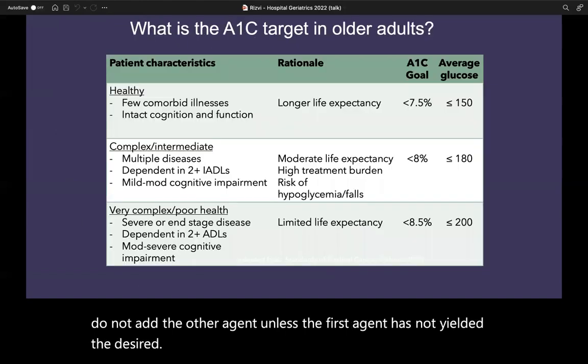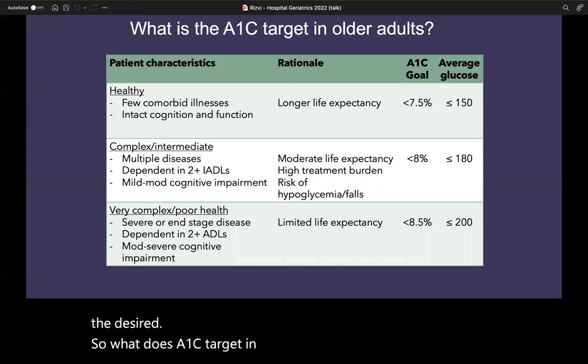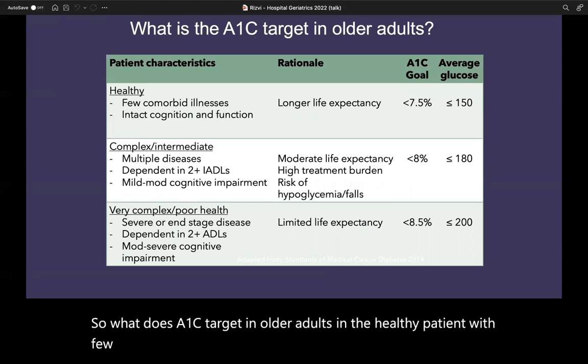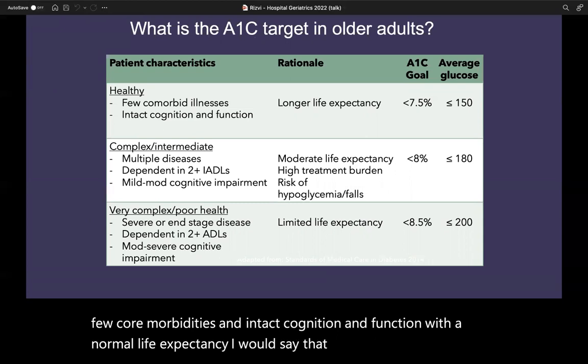So what is the A1C target in older adults? In the healthy patient with few comorbidities, intact cognition and function, and a normal life expectancy, I would say that a good goal is 7.5% or less.